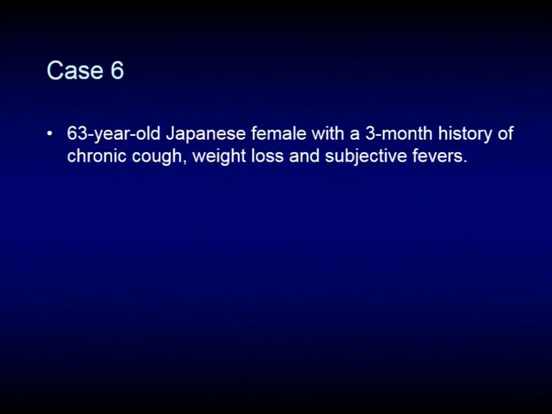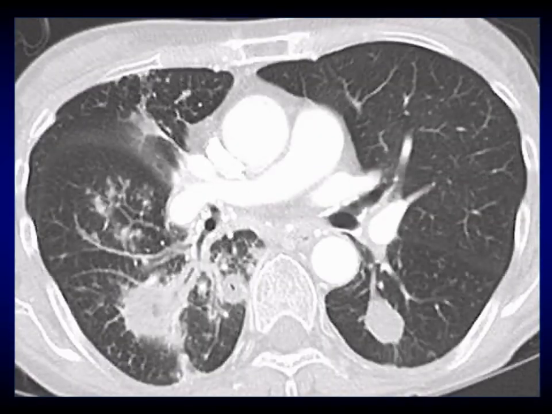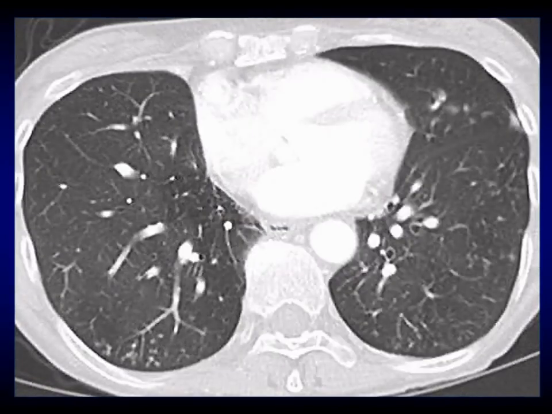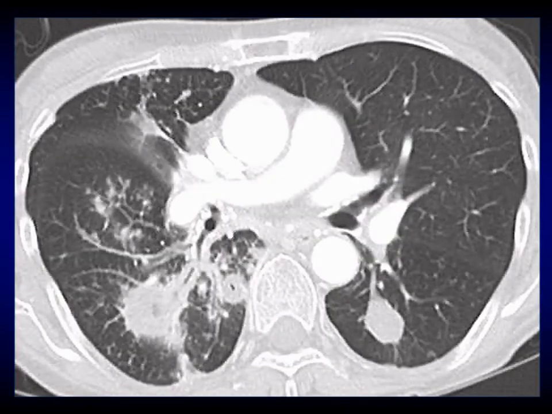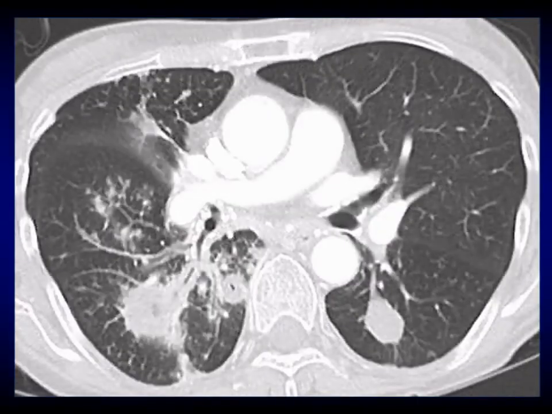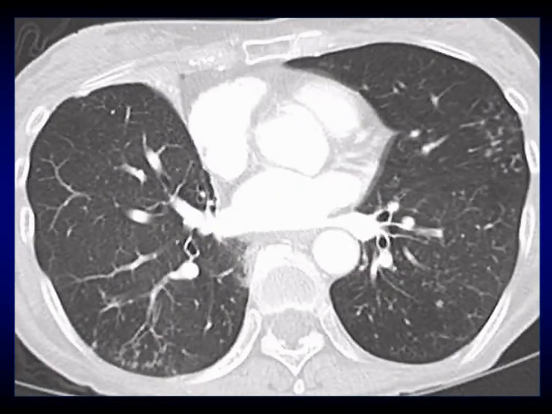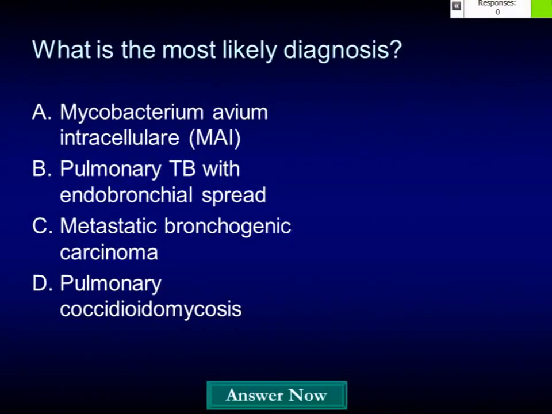So case 6 is a 63-year-old Japanese female with a 3-month history of chronic cough, weight loss, and subjective fevers. What is the most likely diagnosis here based on the brief clinical history and the radiographic features?